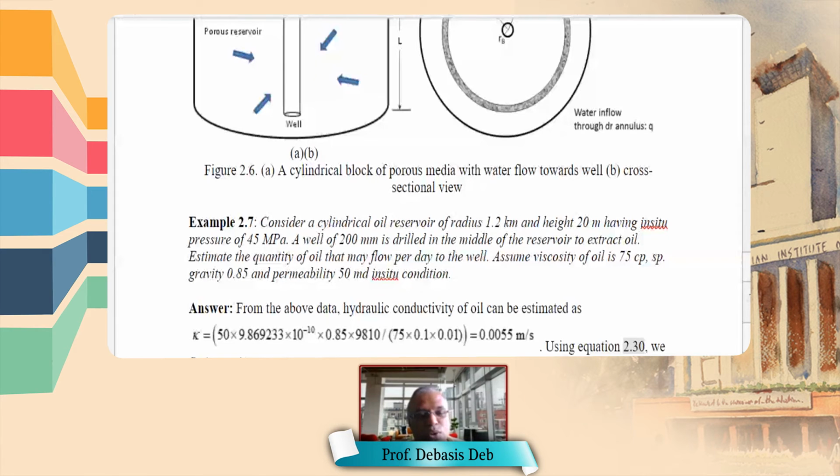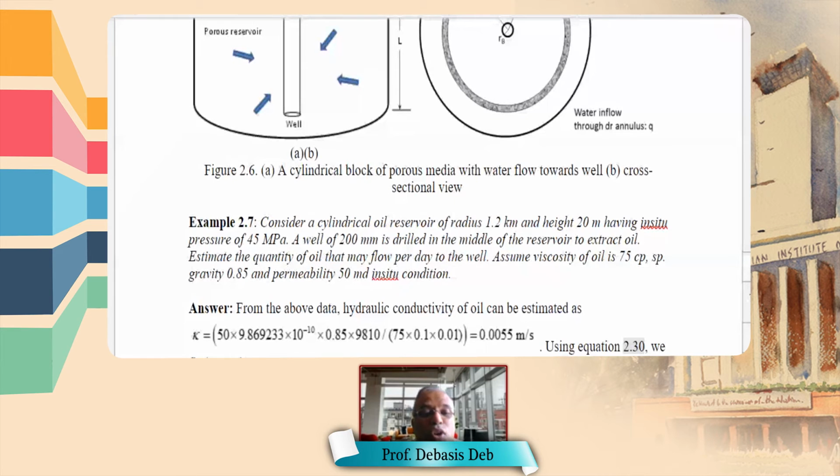Okay. So here the problem says the in situ pressure is 45 MPa. This is a petroleum problem. A well of 200 millimeter is drilled in the middle of the reservoir to extract the oil.